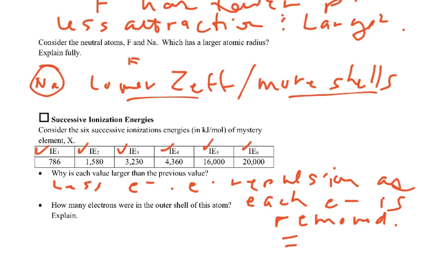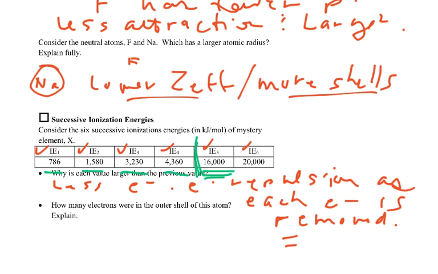Now, how many electrons are in the outer shell of this atom? Well, we look at these numbers and we say, okay, 786, 1500, that's bigger by about 700 or 800. And we go to here, it's about 1500. And here it's about another 1500. And then all of a sudden, this is 16,000. That is a huge jump, about a 12,000 jump. So that big jump means that we have just gone from the valence shell down to the core electrons.